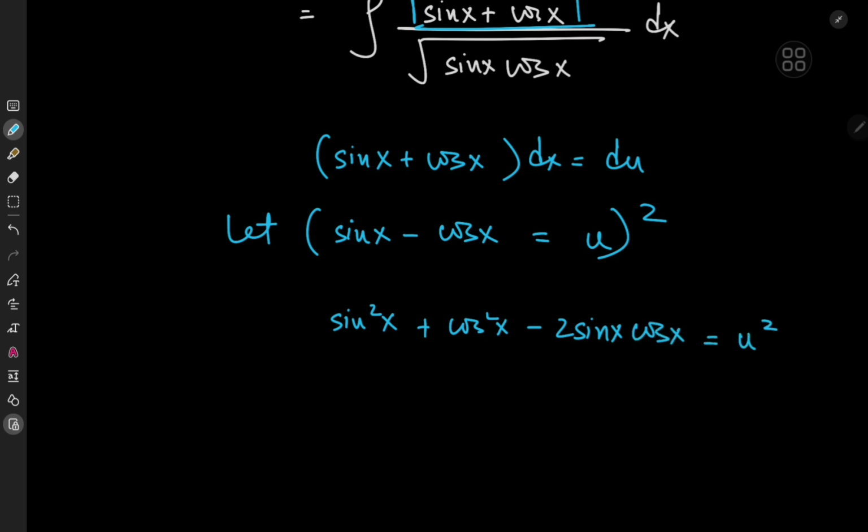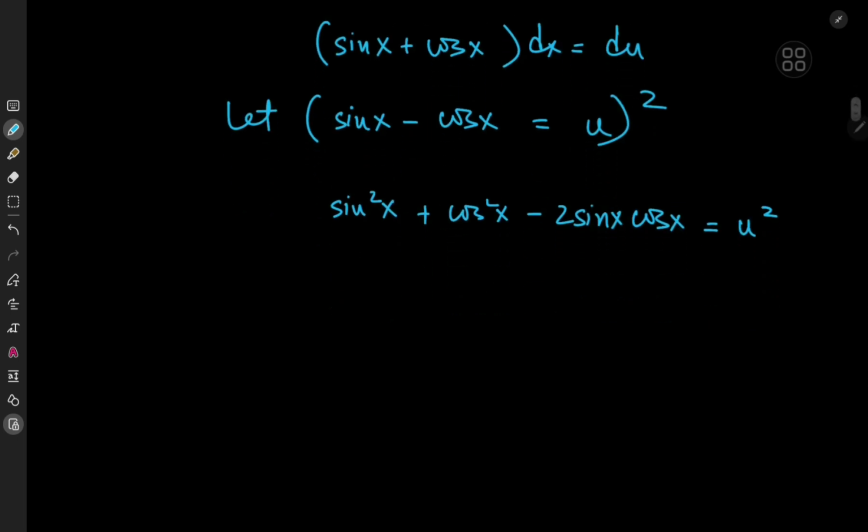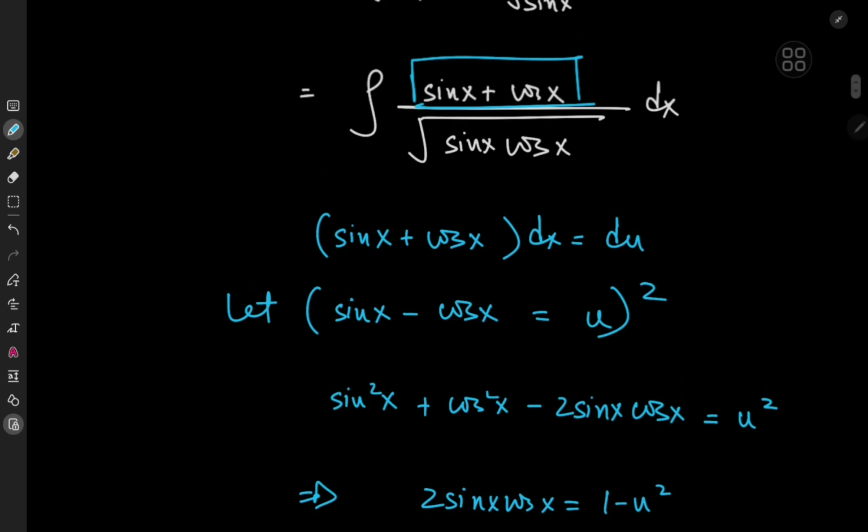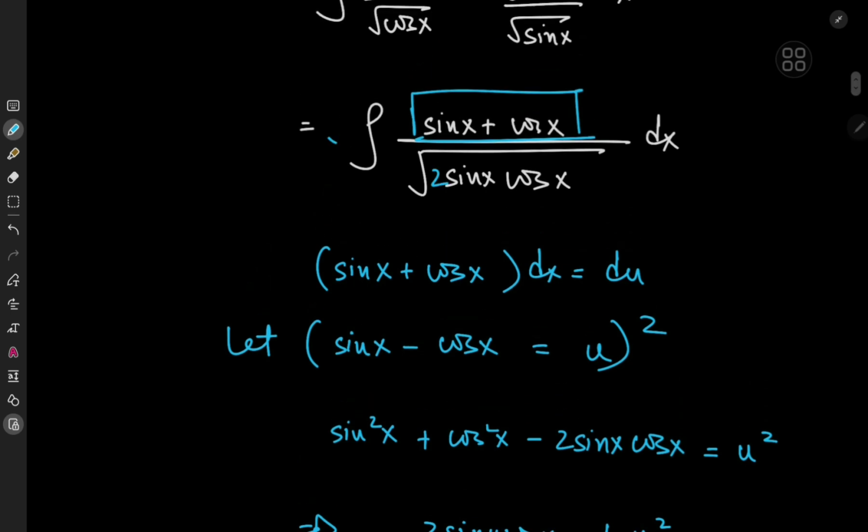And this equals u squared. Now, sine squared plus cosine squared is, of course, always equal to 1. So this implies that 2 sine x cosine x equals 1 minus u squared. And all I need here is a factor of 2. So let me introduce that here and a root 2 out there.